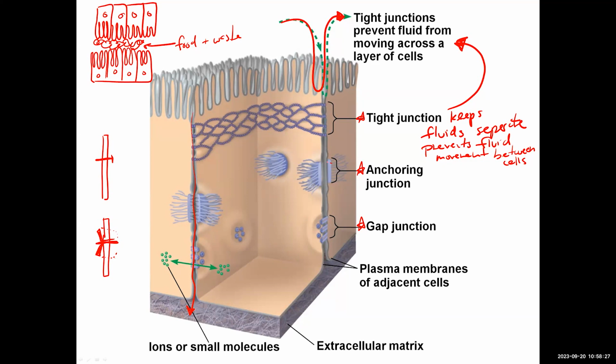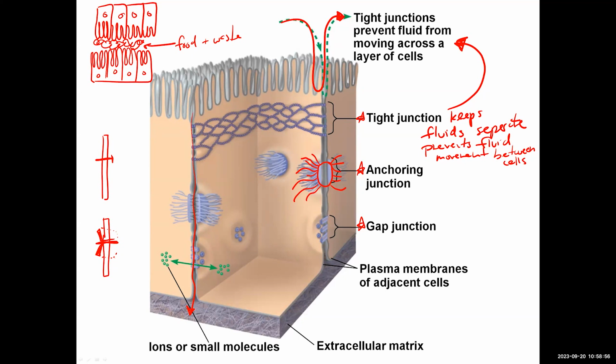Essentially, that is the same thing that the anchoring junction is doing. Because the membrane is a fluid mosaic, it is not particularly strong. So, what the anchoring junction does is it also has large amounts of tendrils of proteins that it uses to connect to the cytoskeleton of the cell on either side. This means that if the cells are pulled apart, all of the force does not go just to the membrane.